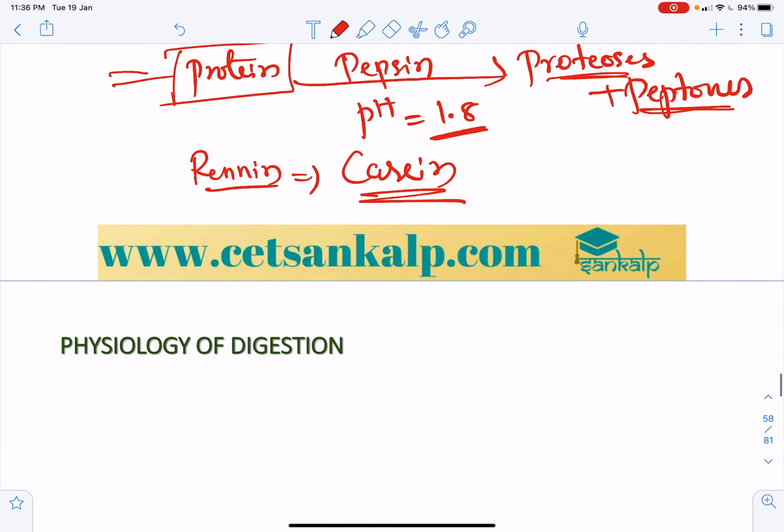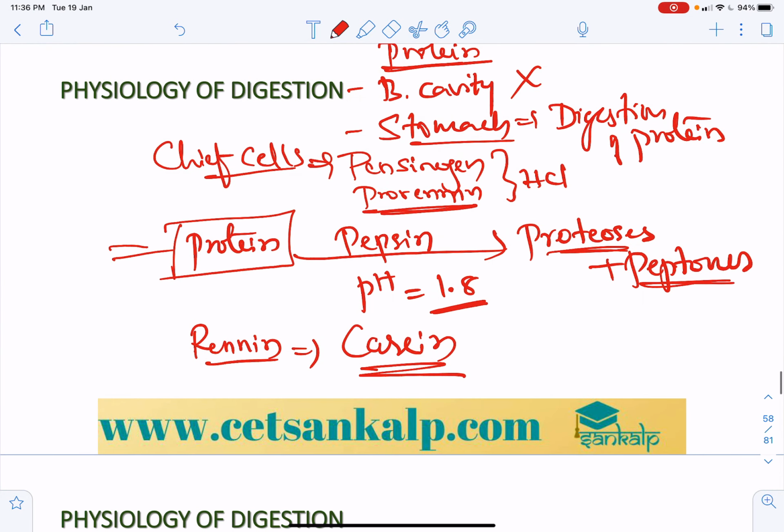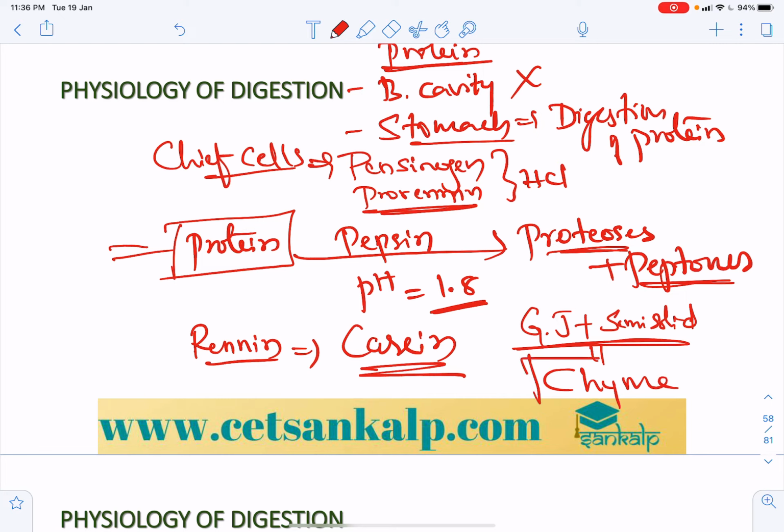So next, the food which is mixed with the gastric juice, the partially digested semi-solid food, when completely mixed, we call it chyme in the stomach. In the stomach, the food is present along with the gastric juice and all the other substances of the gastric juice.